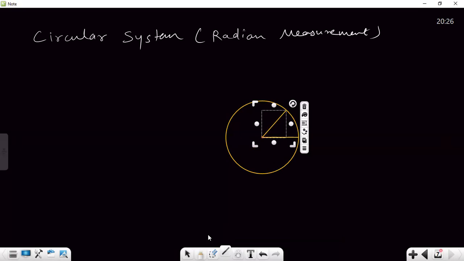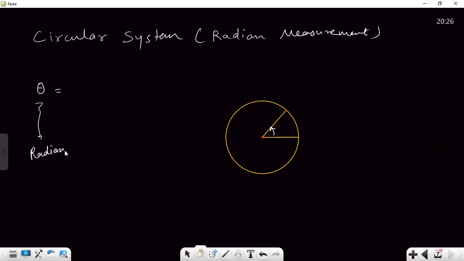So here, this angle is measured in radians, and this will be calculated by, let's say this is the radius of the circle. And this part that I'm shading, this is the length of the arc, L. By dividing L by R, this comes out as the radian.